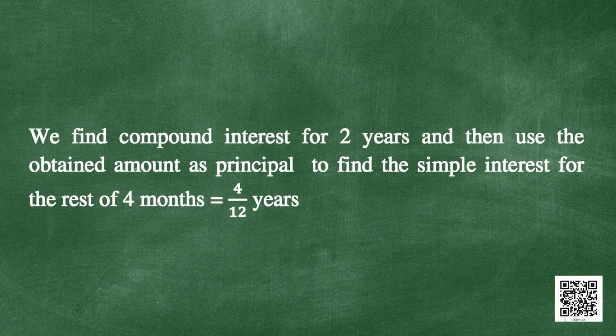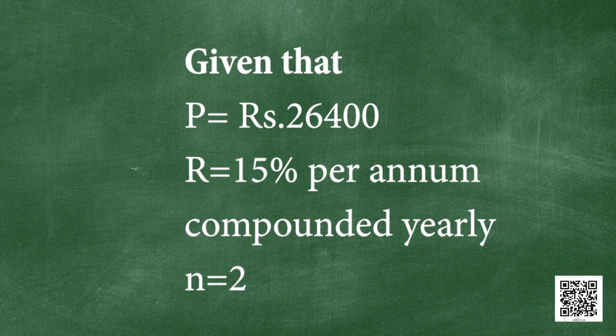That is, we find compound interest for 2 years and then use the obtained amount as principal to find the simple interest for the rest of 4 months, that is 4 by 12 years. It is given that the principal amount is rupees 26,400 and the rate of interest is 15% per annum compounded yearly. So, the number of years is, here we are taking the whole part, so n is equal to 2.